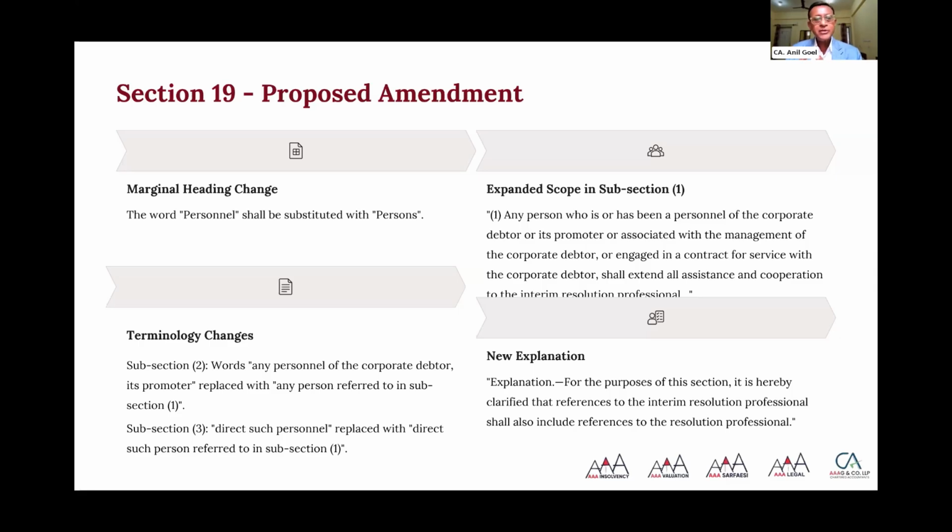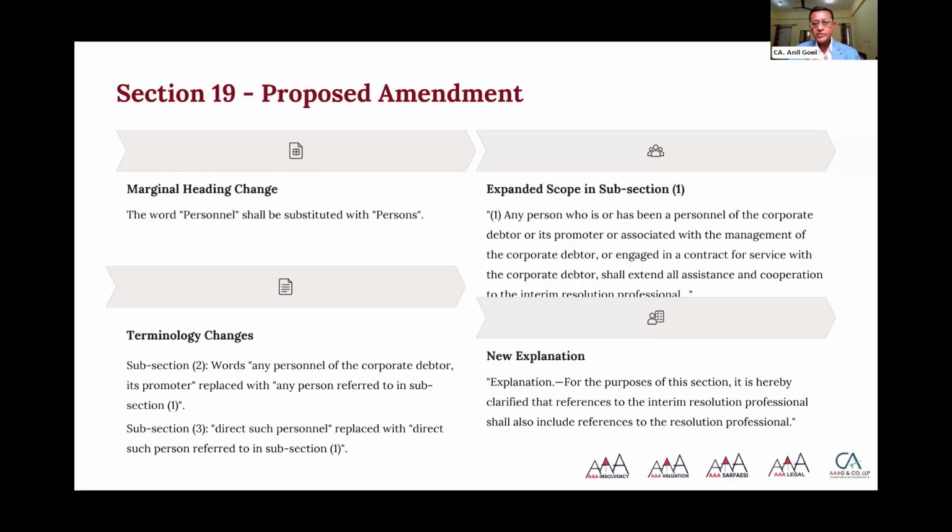Now the expansion is that any person who is or has been a personnel of the corporate debtor or its promoter, or associated with the management of the corporate debtor, or engaged in a contract for service with the corporate debtor shall extend all assistance and cooperation to the IRP. So how has it been expanded?